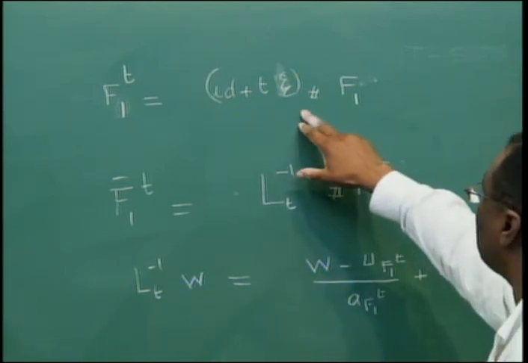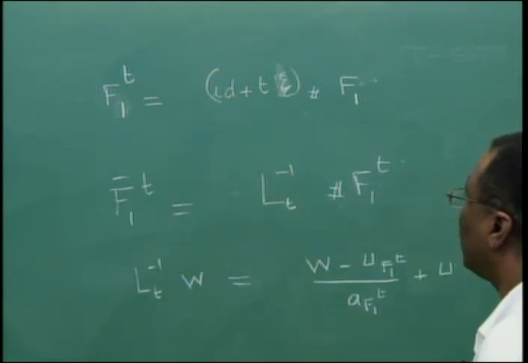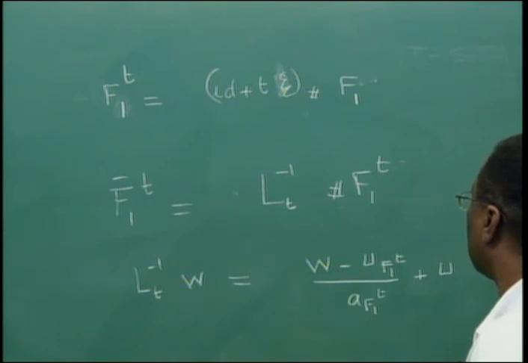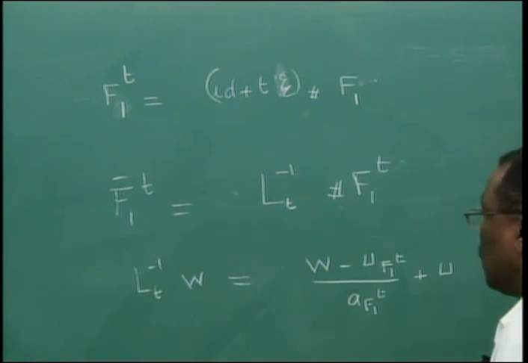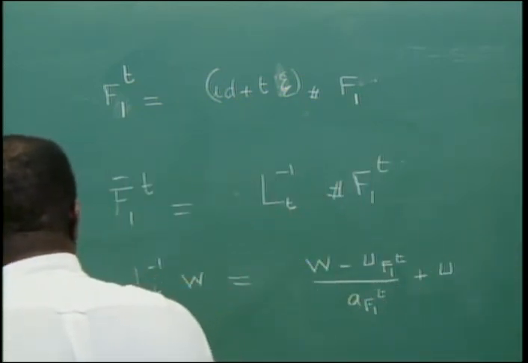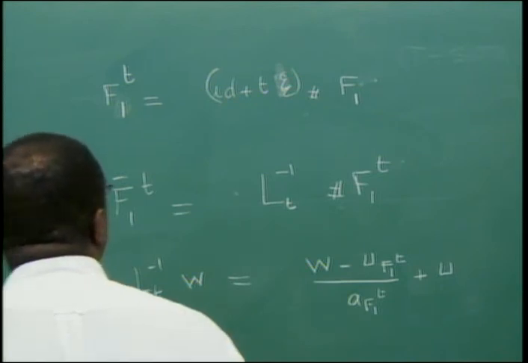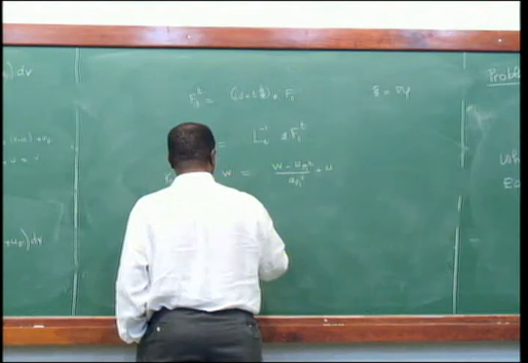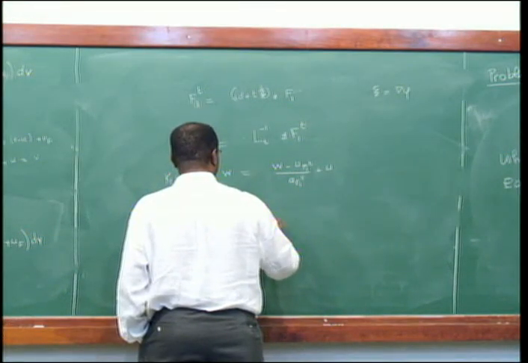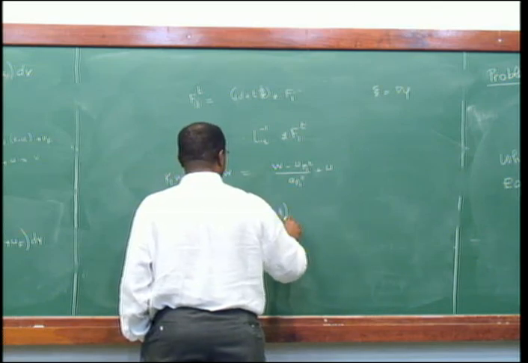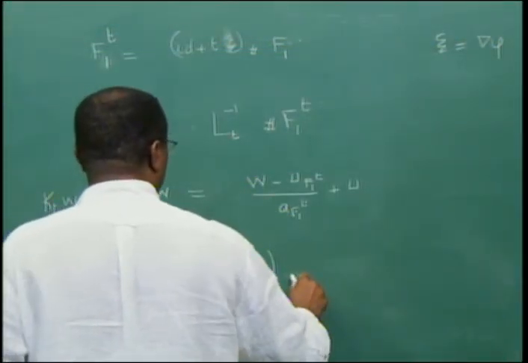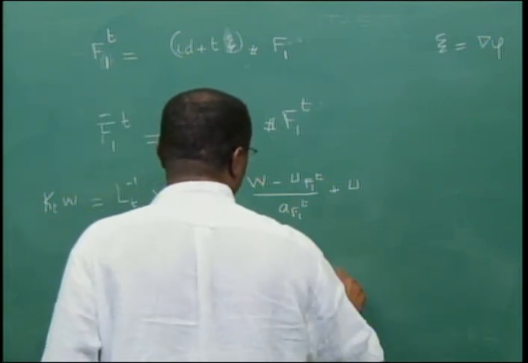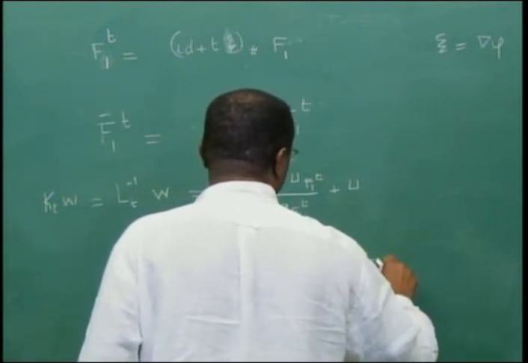I have this explicit map. I can compute f1t. Let me give a name to this. This is K_t of w. Then if I take the map K_t composed with identity plus t psi, this map is going to push f1 forward to f̄1t.